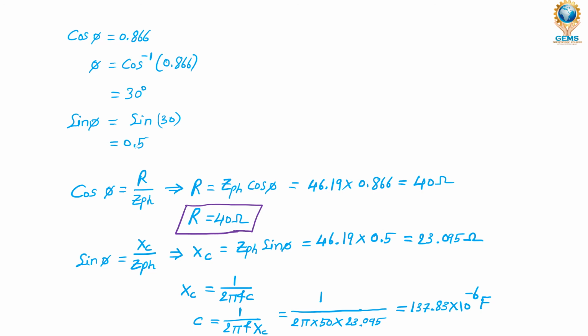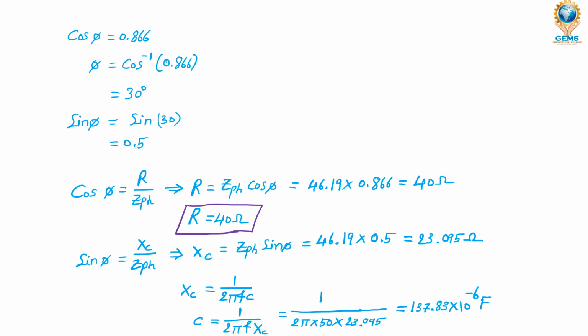Based on the cos phi formula and sin phi formula, we have calculated the resistance value and the capacitive reactance value: cos phi equals R by Z, sin phi equals Xc by Z phase. From the cos phi formula directly we have calculated the resistance. Resistance equals Z phase into cos phi. So we got resistance value as 40 ohm.